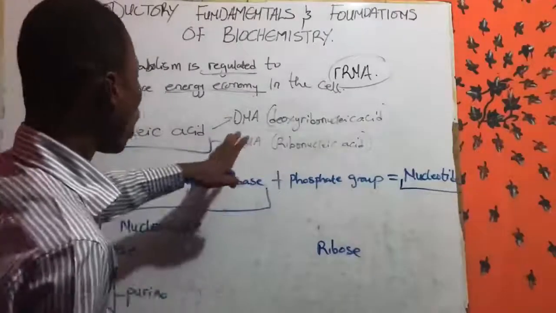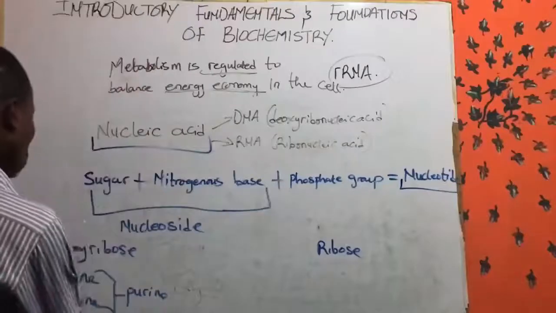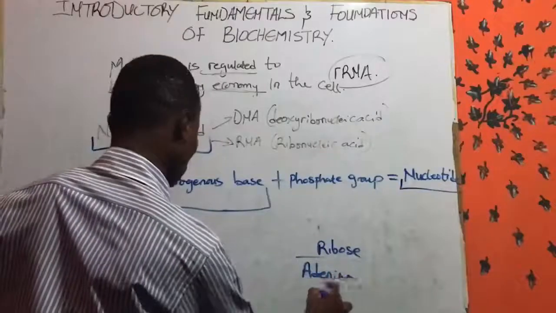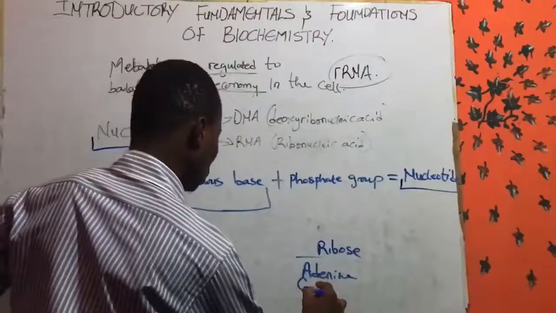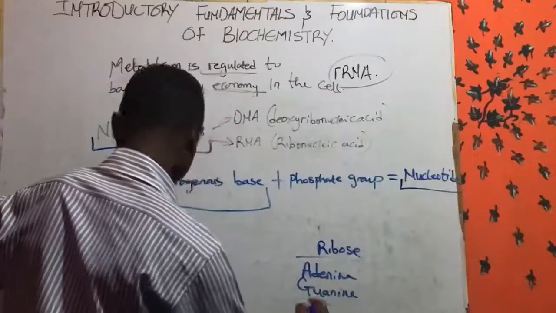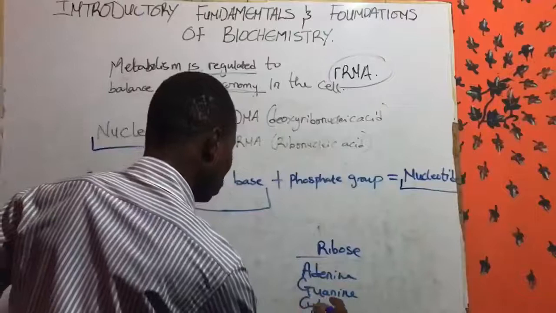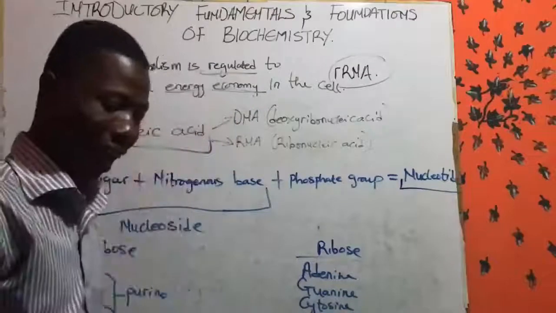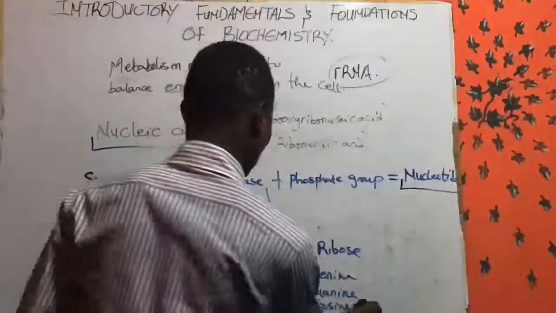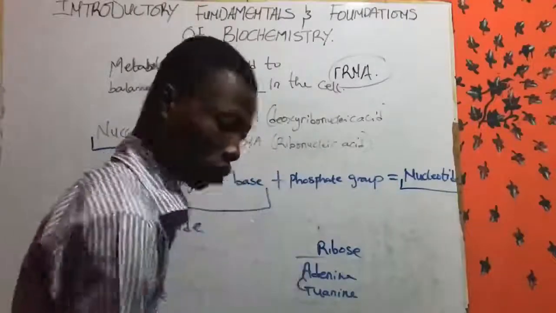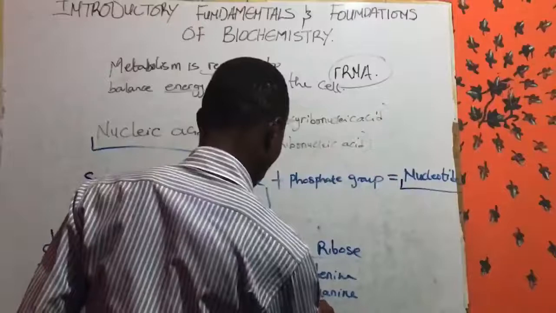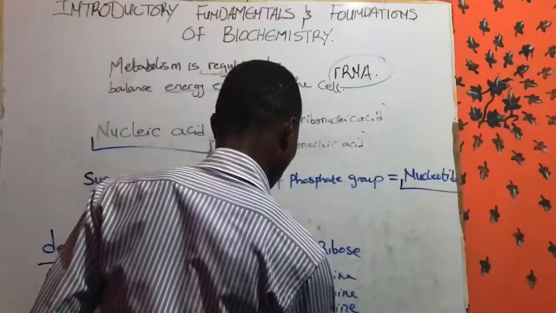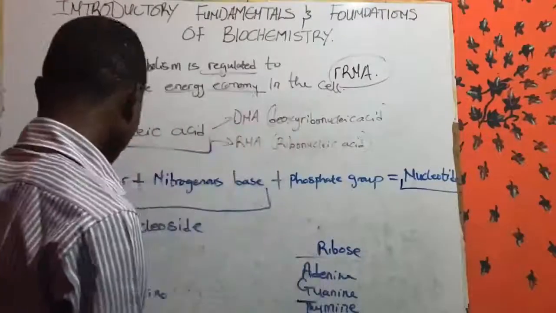Now, for ribonucleic acid, your nitrogenous bases will be adenine, guanine, cytosine, and uracil.